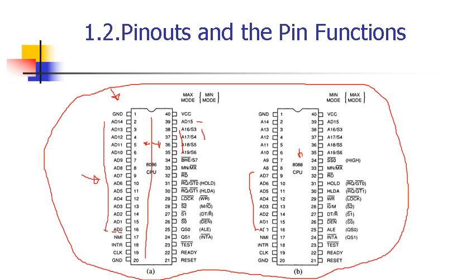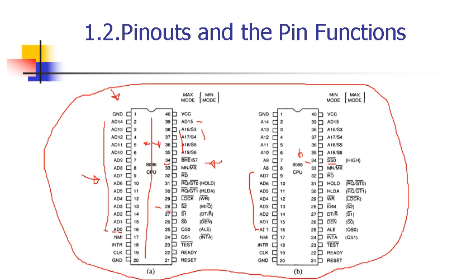A second difference is seen from pin number 34. Pin number 34 in the 8086 processor refers to BHE, bus high enable, and status number 7, S7. If you go to 8088, you will find that this pin number 34 refers to the SS0. And one third difference between 8086 and 8088.